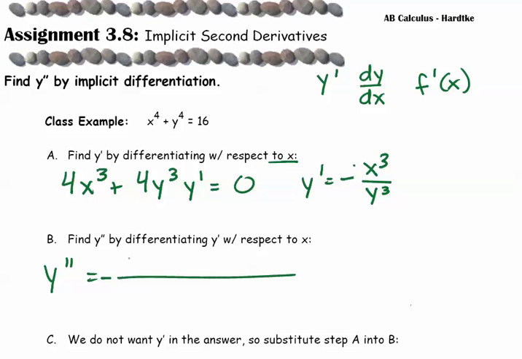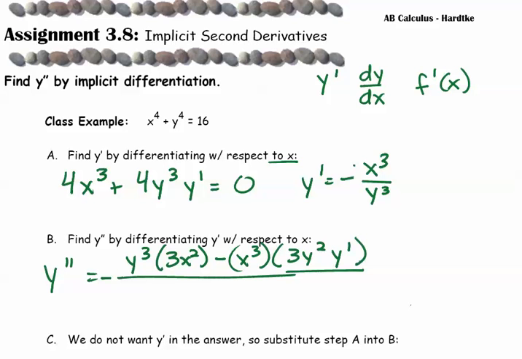So I'm going to do low function, y cubed, derivative of the high, 3x squared, minus the high function, x cubed, d low, 3y squared. And don't forget, every time you do a derivative of y with respect to x, you need that y prime or dy dx. And that's all over low squared.